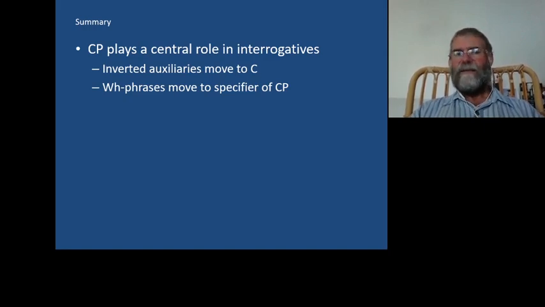Okay, this isn't at all surprising given that complementizers themselves clearly play a role in determining interrogative declarative distinctions. So the fact that the whole CP is involved in the kinds of syntactic processes used to form interrogatives is not at all surprising.